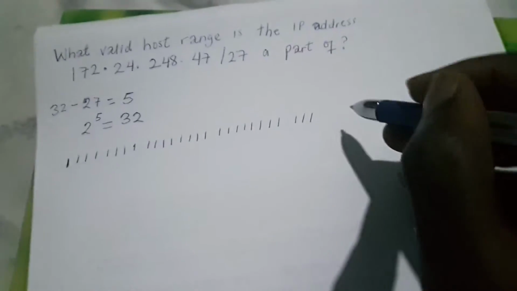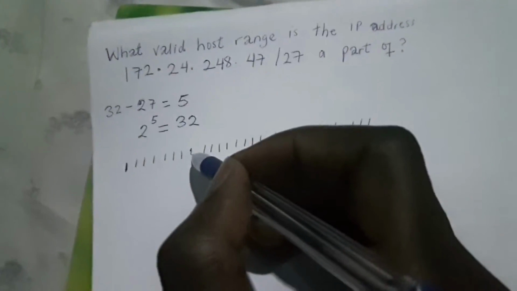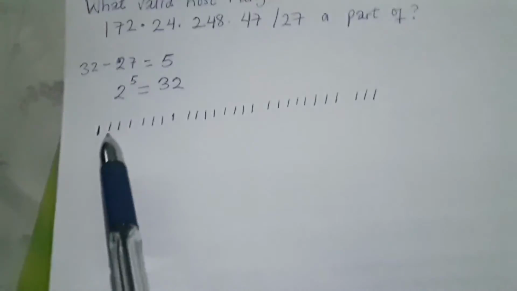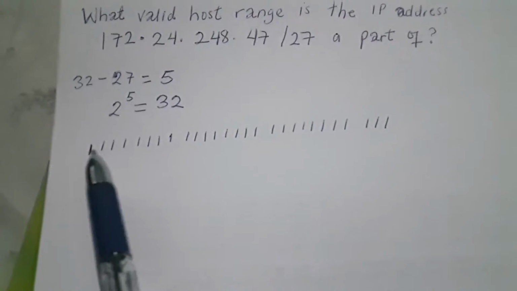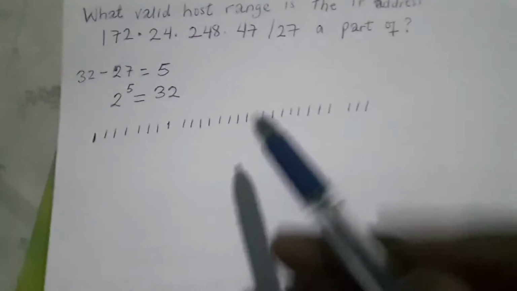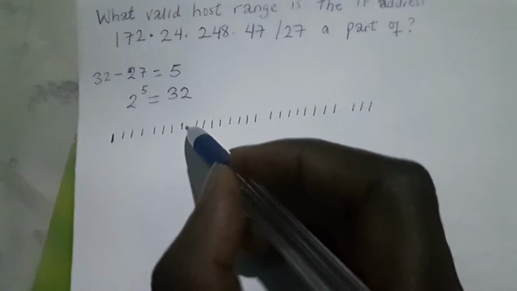Okay? Then we are going to put a dot between every 8 count. So it's 1, 2, 3, 4, 5, 6, 7, 8, and we put a dot right here.